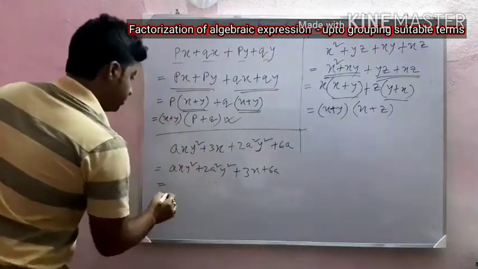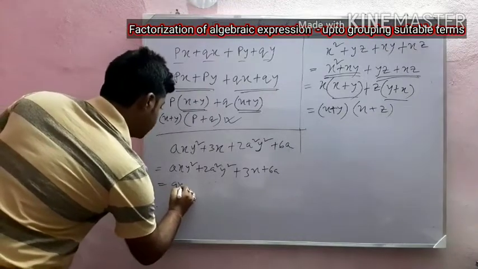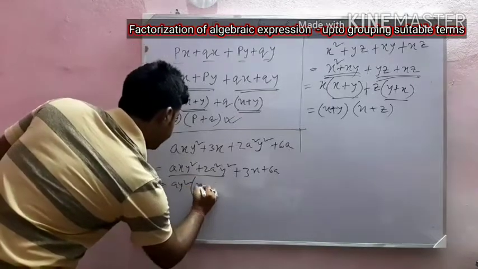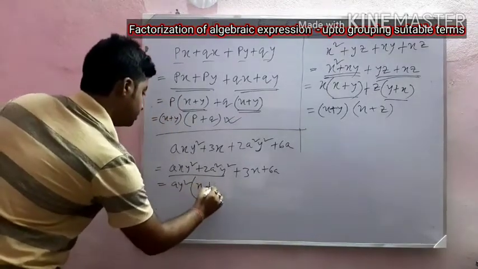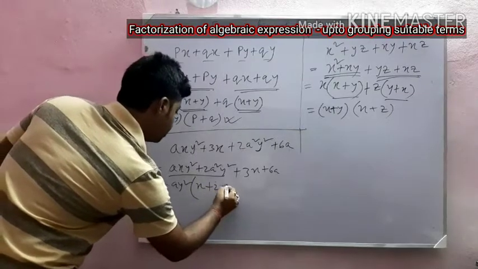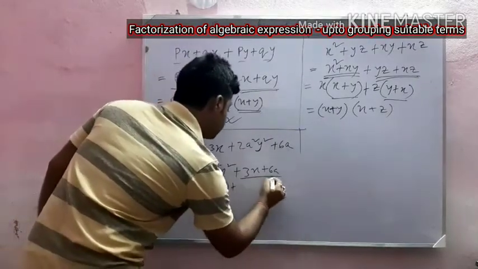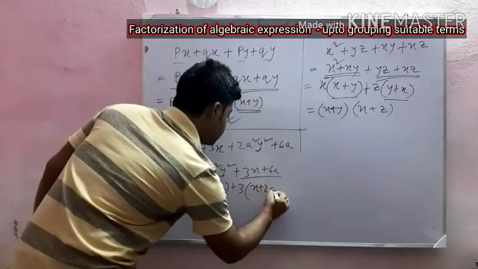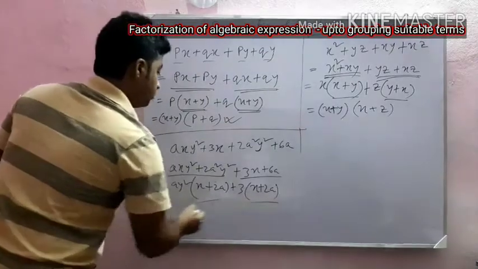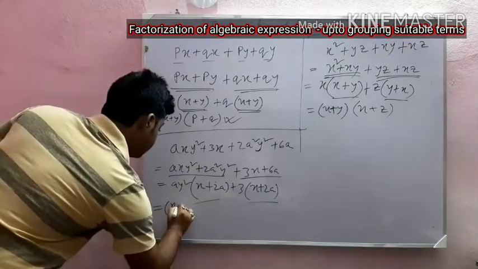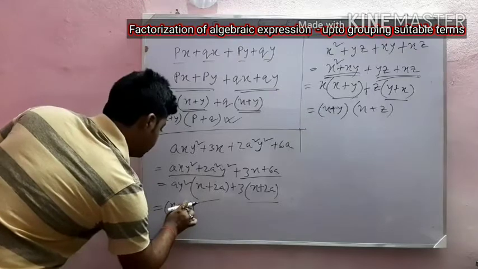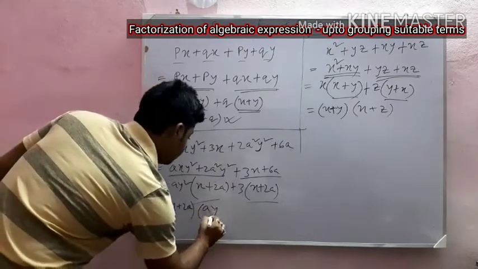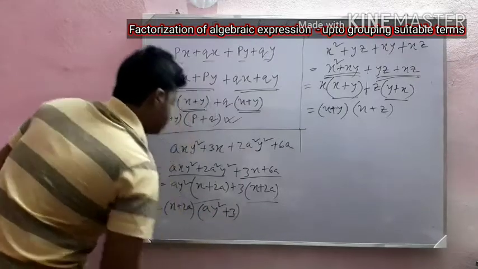Then take common ay square from these two terms, x plus 2a, and from these two terms you can take 3 as common. Again it will become x plus 2a. Now x plus 2a is common again, so take x plus 2a outside as a common factor, and this will become the answer.